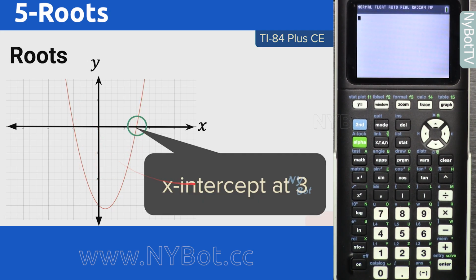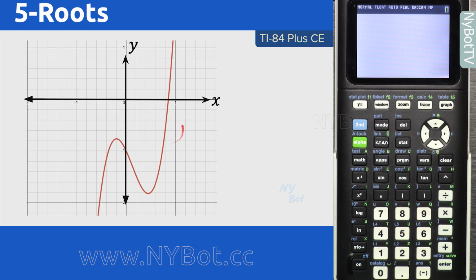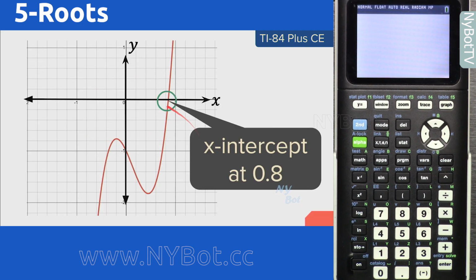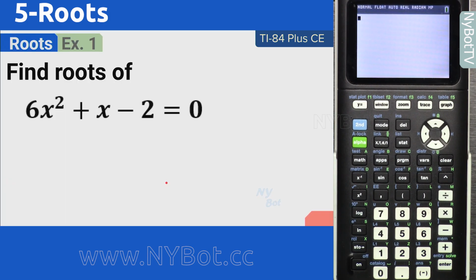The plot is crossing the x-axis, or x-intercept, for example, at 3, and this is at -2, or in this case, this is an x-intercept at 0.8, and then we have imaginary roots in here because this is a third degree. Let's go for example 1.